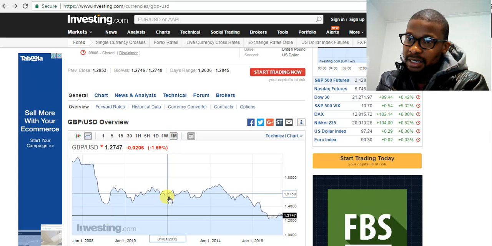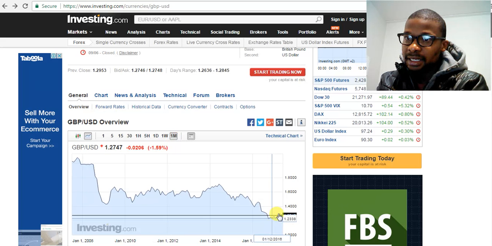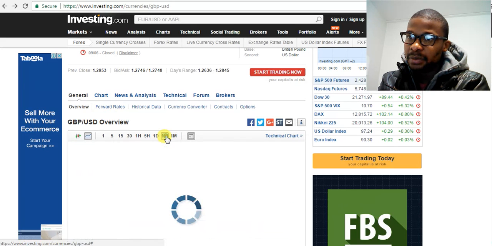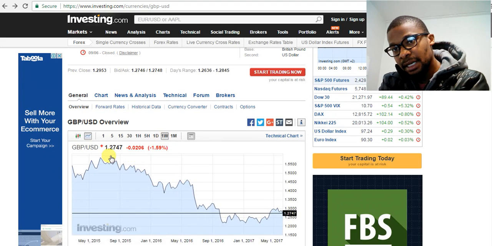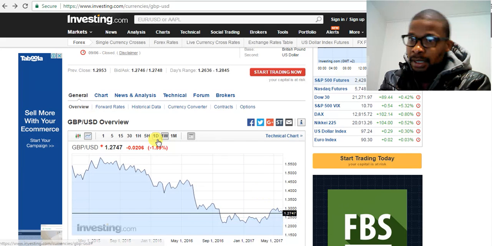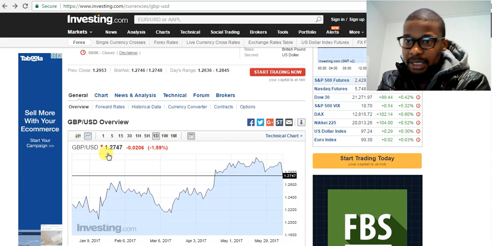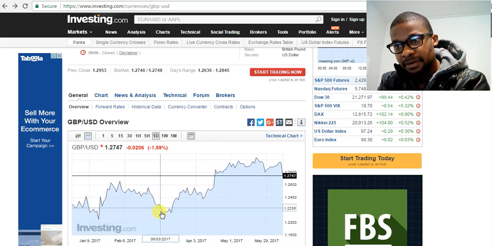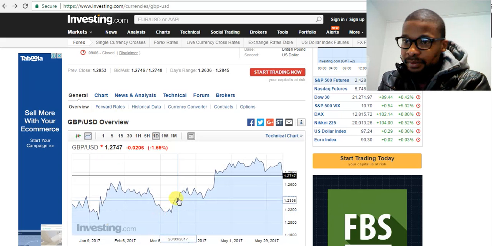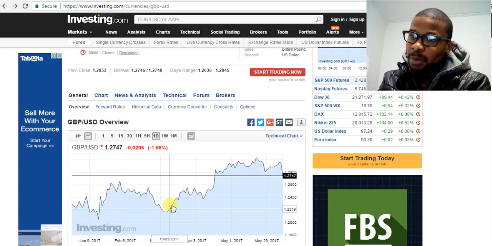So now you can see different trends. As you can see, it has been declining on a 1 month chart, but then if you go to 1 week, it's still declining, still going down. And one day, it's different. Now you can see it's like it's a smaller time frame. We're basically zooming in.